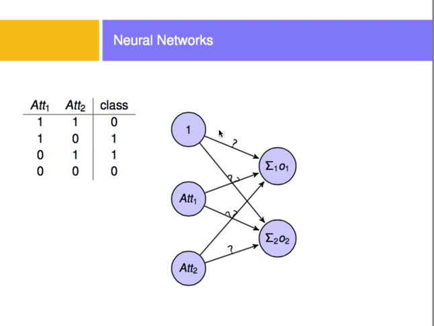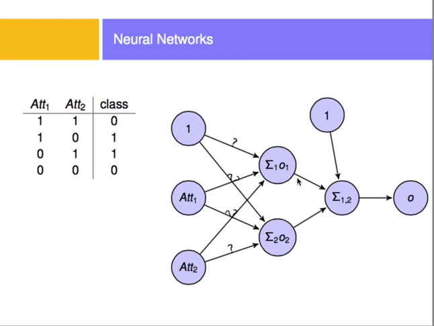And here's the thing: I'm going to put different weights on the arrows connecting to here than on the other arrows, and see what I get for the two outputs. Then I can combine the two outputs into another output with a bias node, and keep the output. I could have put sigma 12012, but then it would be too long a name. So here I expanded it, but here I collapsed it.